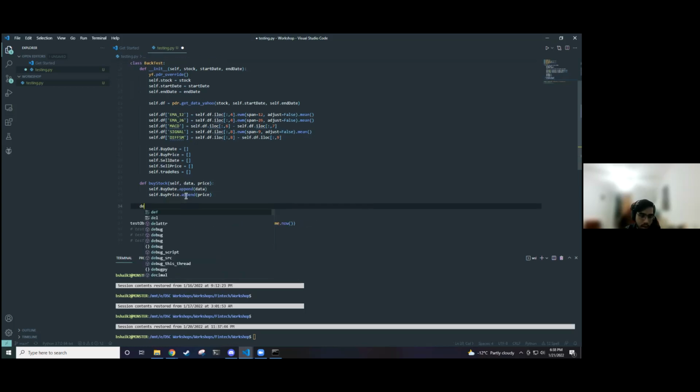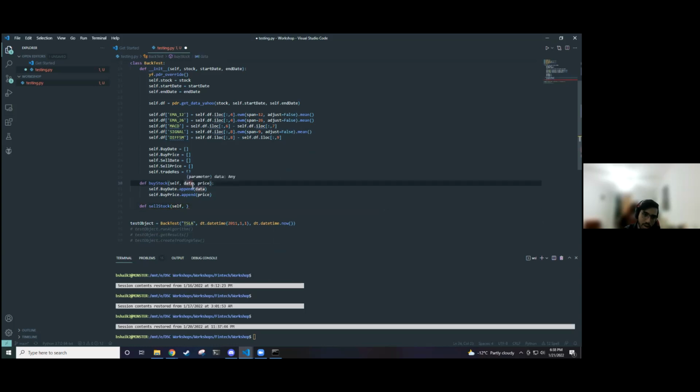And similarly, there is a self.sell stock. What am I doing? Self. It's not data, it's actually date. That's a typo. Sorry about that. Yep, so you're gonna have almost the same thing. So date, price. This is gonna be a bit more complicated, but relatively simple to still understand.